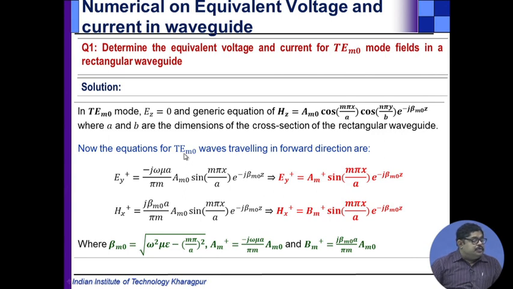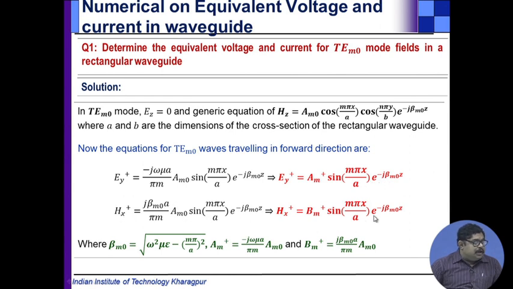So, if you write TM0 mode wave fields, the transverse fields will be Ey and Hx, plus incident fields, obviously there are also the reflected fields. Now, Ey plus can be written in this form. So, there is an amplitude part, then this is the eigenfunction part, this is the propagation part.